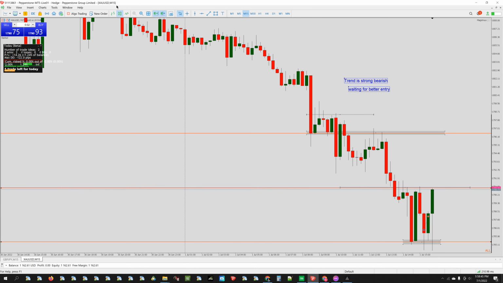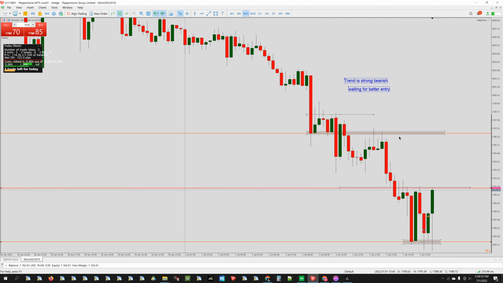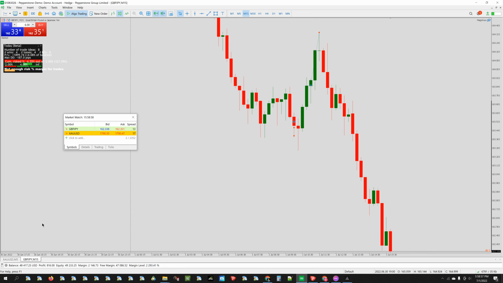There is high probability for the next 15-minute candle to continue pushing up till the 1796 area. At this point we are just waiting.